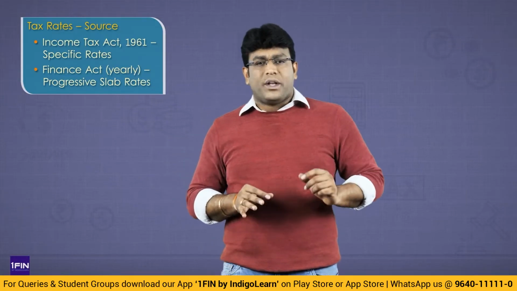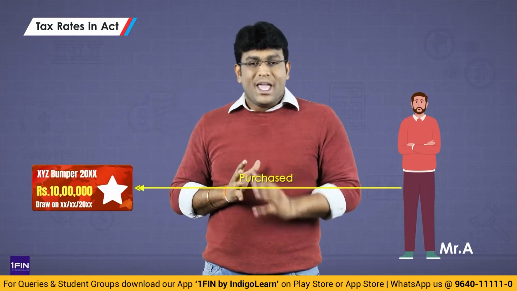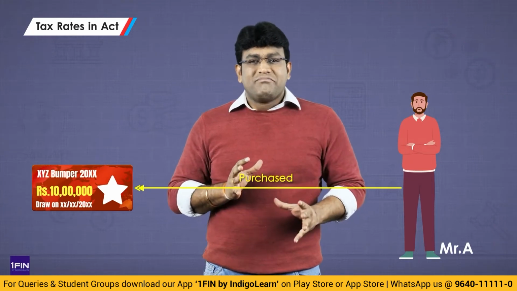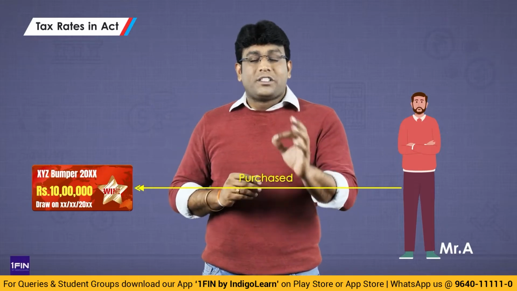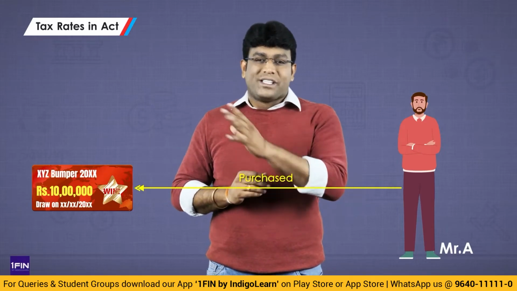Come on guys, listen carefully now. First, let me tell you some interesting special rates of tax given in the Income Tax Act itself. Now let's say one person, Mr. A, purchased one lottery ticket and unexpectedly, he didn't even imagine, suddenly he got a lottery prize money of 10 lakh rupees.